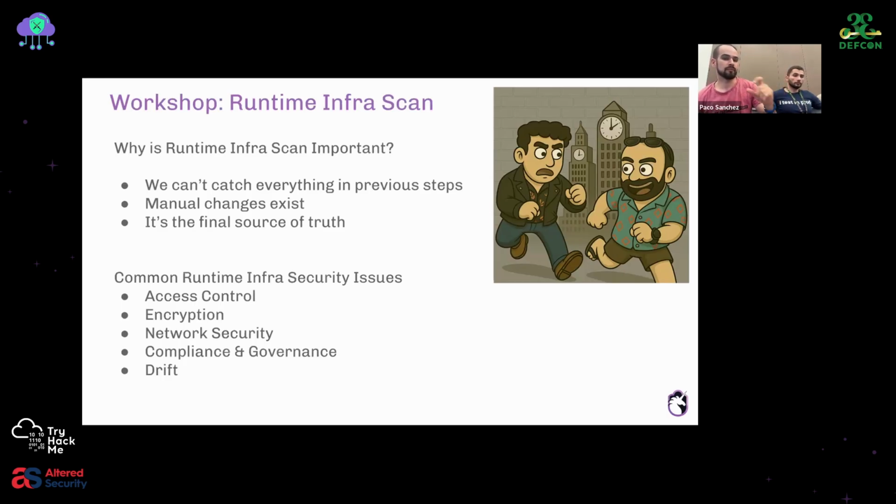So you need to also scan the real infrastructure, because you will find the same issues that you find with the infrastructure scan, but you will also find the drift that can be caused by manual changes or things that are not working as expected with the providers. And usually those are overlooked if you don't have something like a CSPM, or cloud security posture management, and tools like that.